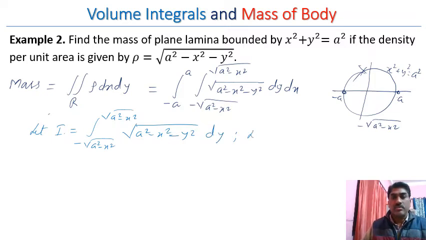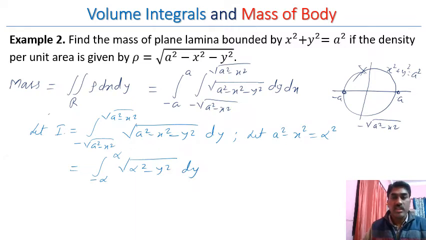Let a square minus x square be alpha square, so that we have the integral from minus alpha to plus alpha of the square root of alpha square minus y square dy. And because this is an even function of y, we can write it as 2 times the integral from 0 to alpha of the square root of alpha square minus y square dy.